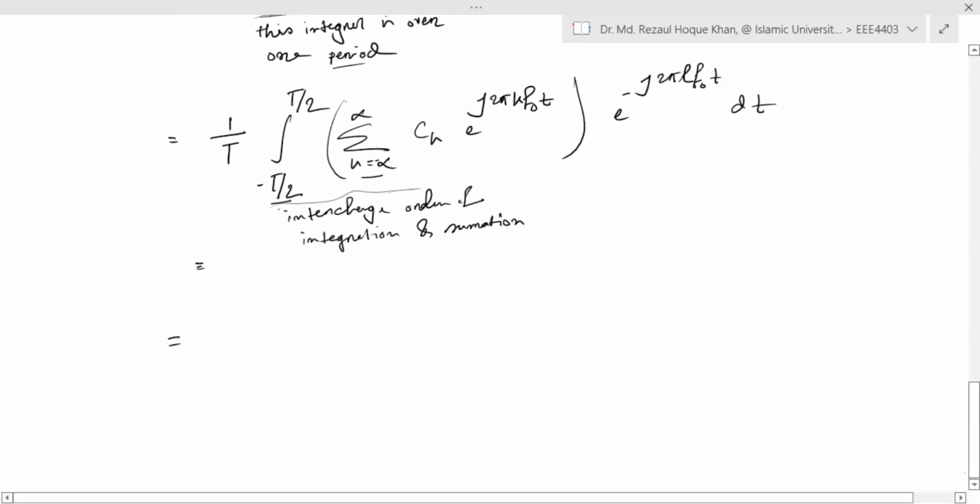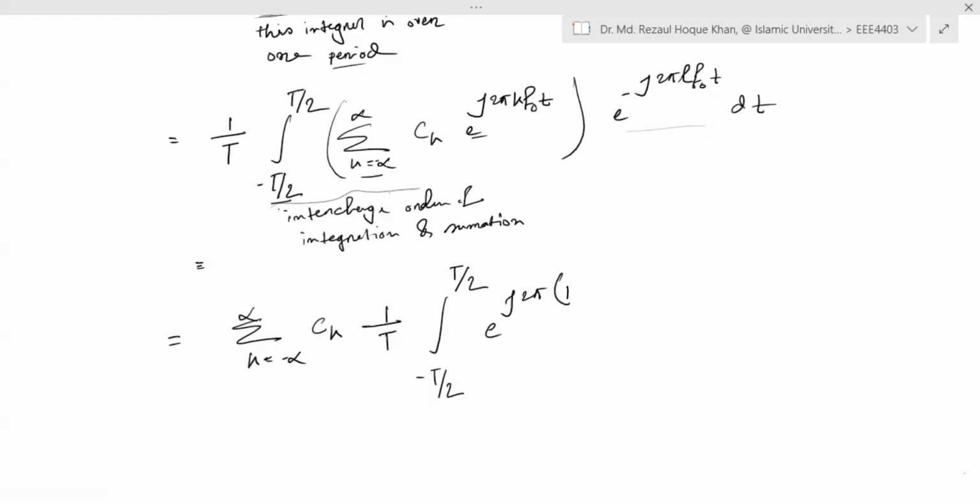So I take the summation out, k equal to minus infinity to plus infinity, and the coefficient ck also comes out. Then 1 by T, I put this integral inside, minus T by 2 to plus T by 2, e to the power j 2 pi (k minus L) f0 t dt.